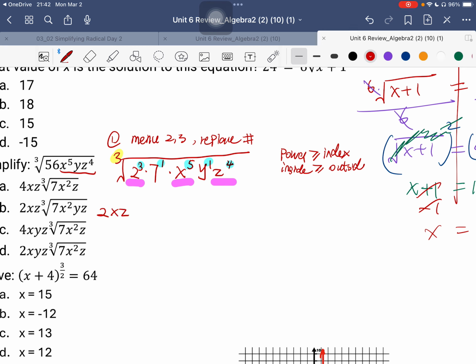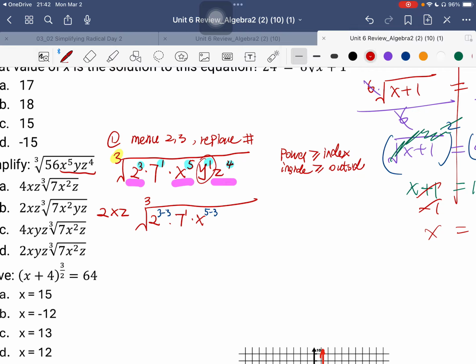2xz, and then they'll stay inside. 2, then I'm subtracting the power minus the index. So 3 minus 3. And then times 7 to the 1, because inside is less than outside, I'll just bring it down. And then x to the 5th, 5 minus 3. It'll give me the remainder.